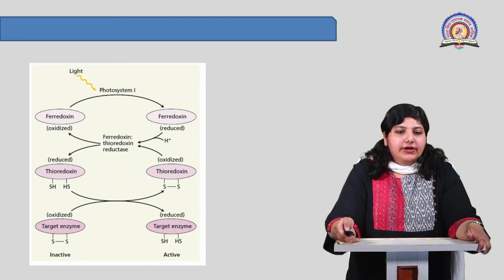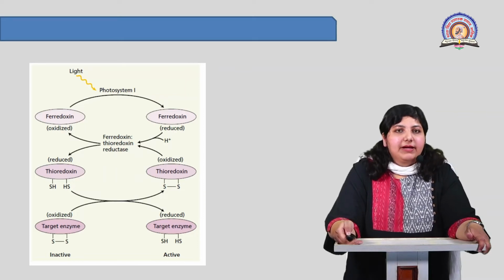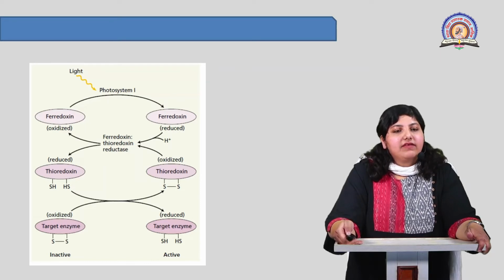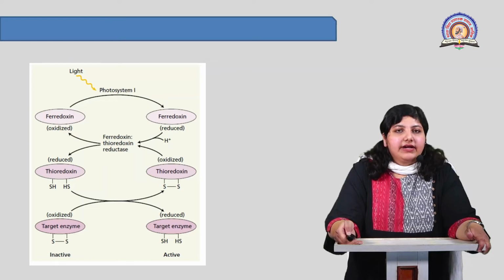And this reduced ferredoxin then passes on the electrons to the thioredoxin, and oxidized thioredoxin becomes reduced. All these processes take place because of one enzyme you can see there in the diagram.